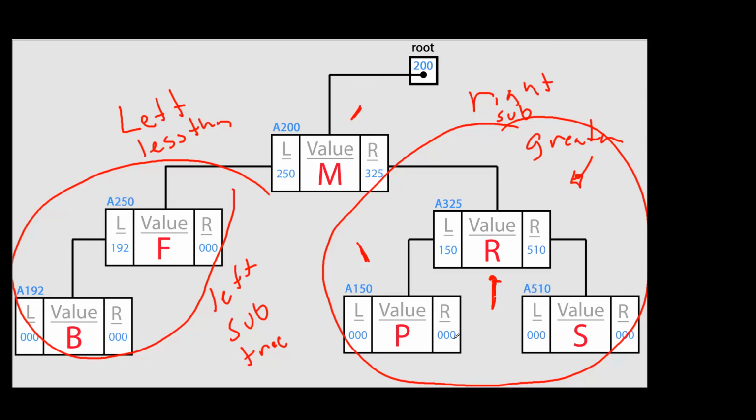And then you can kind of see that pattern here as well. In this subtree, we have the parent node R, and then the child node here, P. P comes before R, so it goes to the left, but yet S comes after R in the alphabet, so it goes to the right.